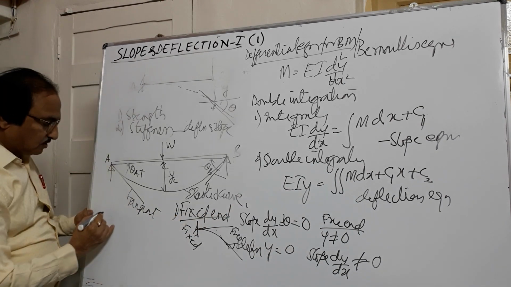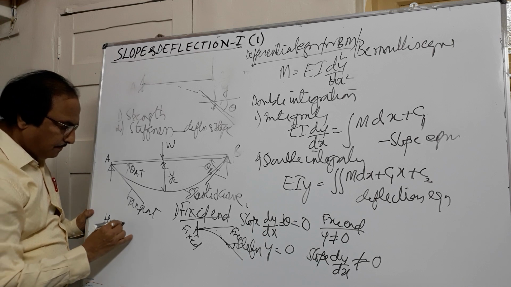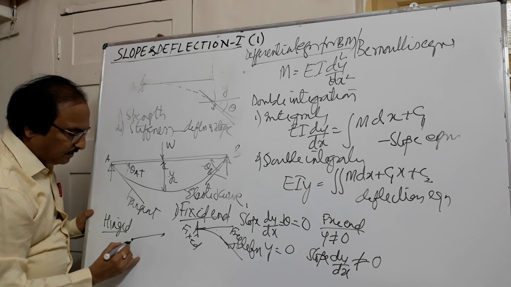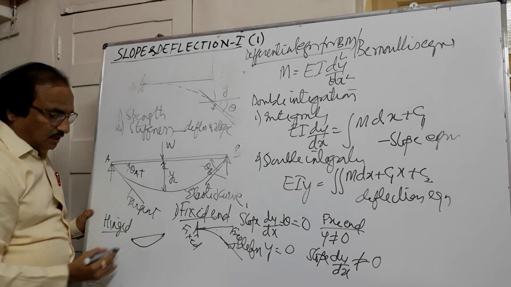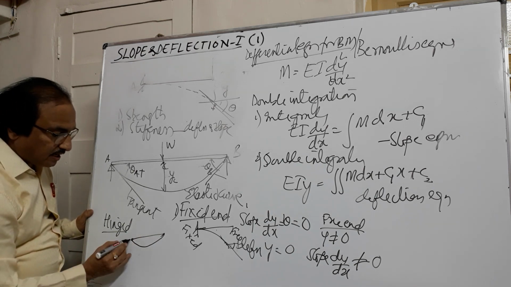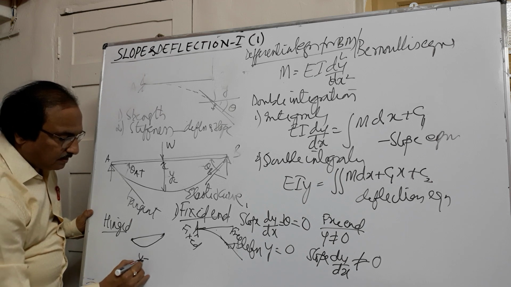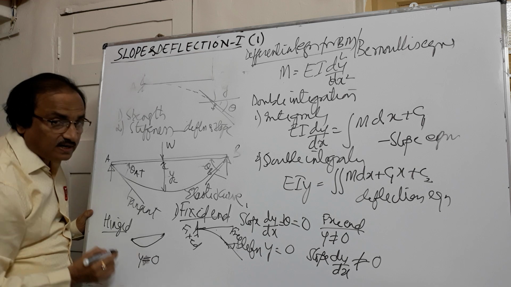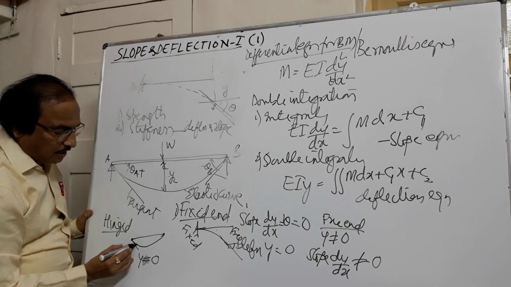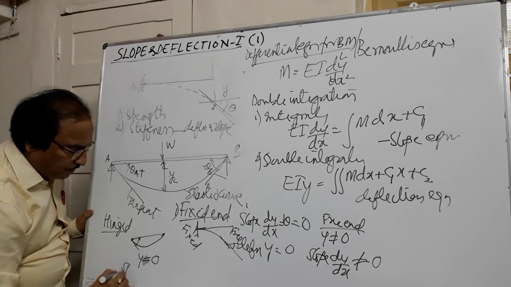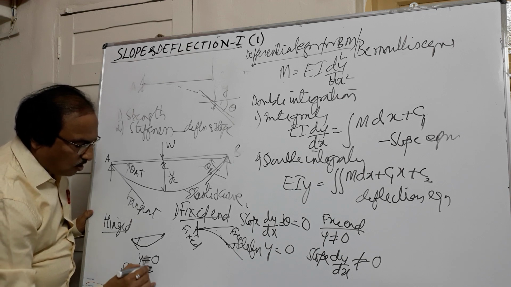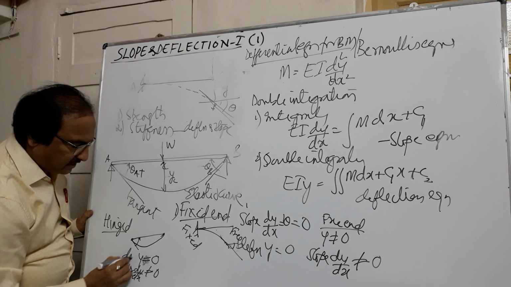We will see one more case called hinged. Suppose the beam is hinged, simply supported like this. This is the portion hinged. Here there is no deflection. Deflection is 0. But if I draw a tangent here, you see a slope. So slope dy by dx is not equal to 0, whereas deflection is 0.